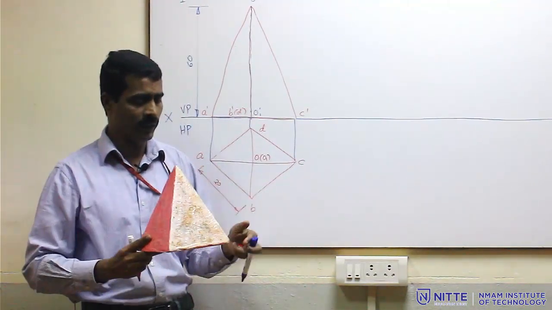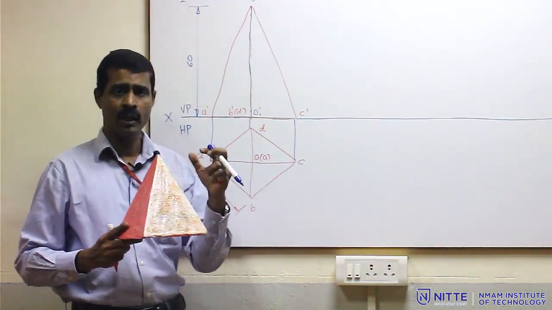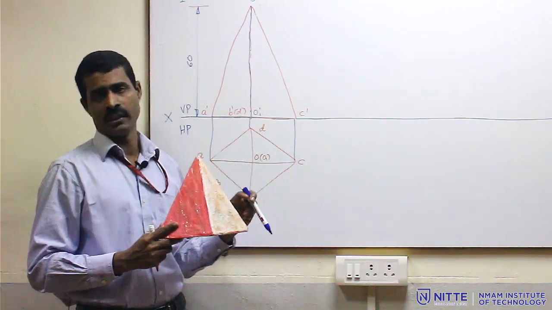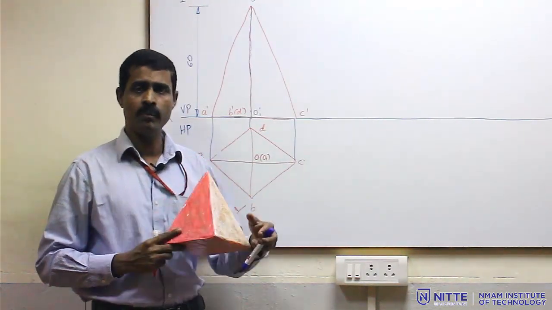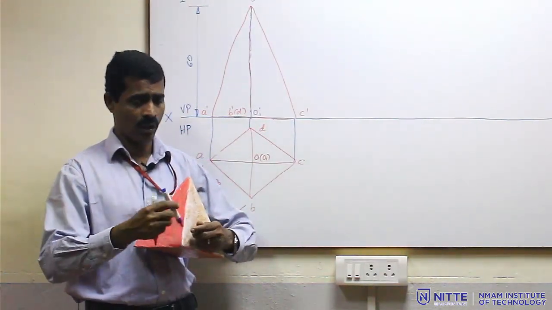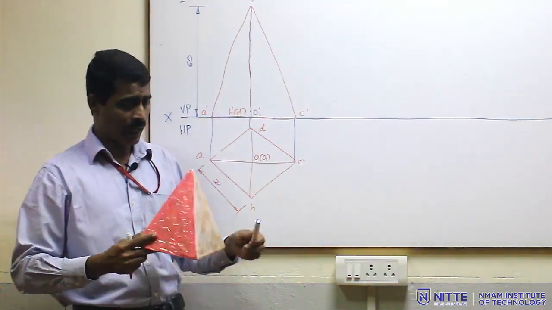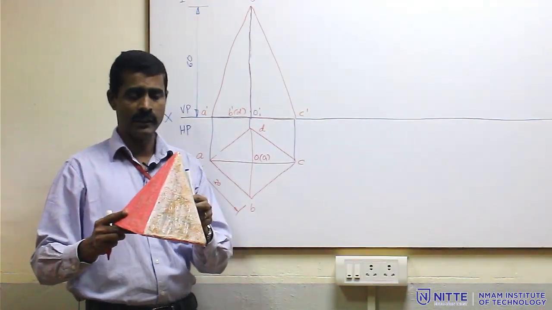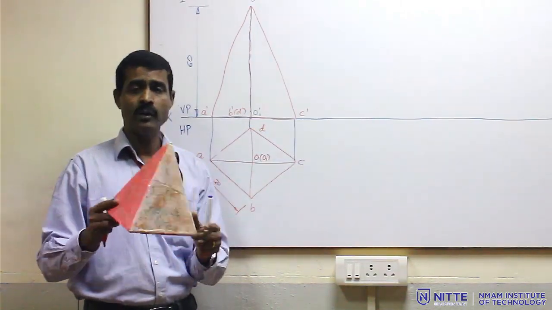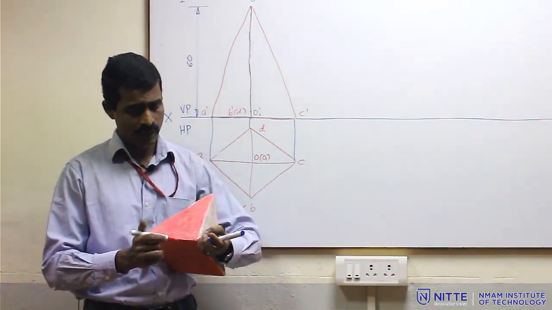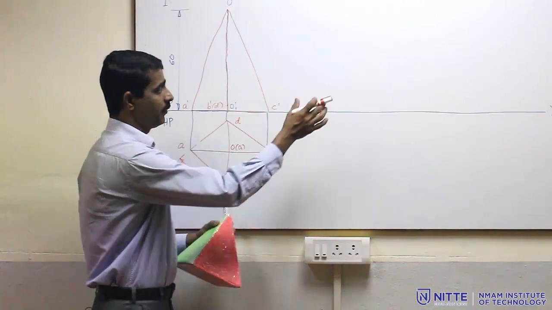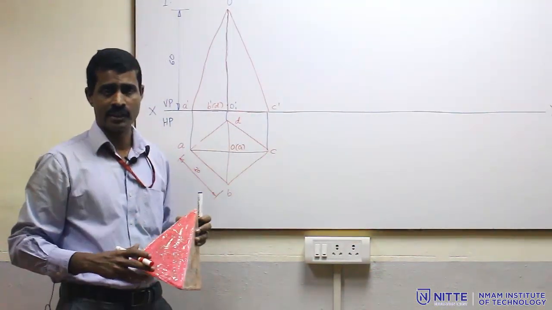Okay. Only thing is, it should be either a corner condition problem or an edge condition problem. Okay. So, in this problem try to understand it is a corner condition problem, because the corner is resting on HP and at the same time its axis is inclined to HP by 30 degree. Okay. Now, in the second step you are supposed to satisfy that condition.